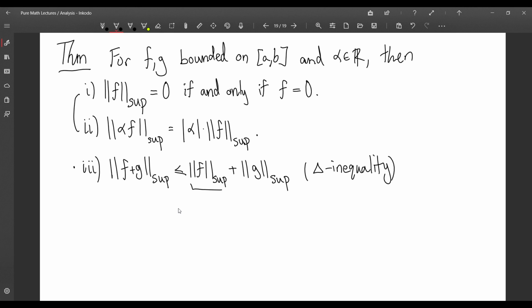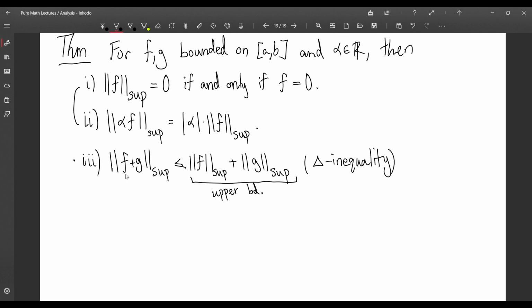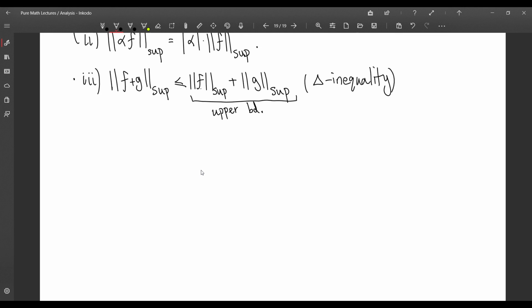And essentially, this side is going to be an upper bound for the set of values of f(x) plus g(x). And then the supremum has to be the least upper bound, so it has to be less than or equal to this other upper bound. But I don't want to spend that time writing everything out.